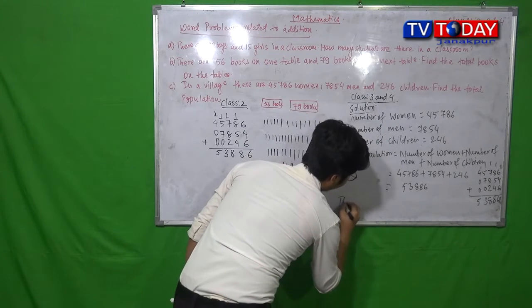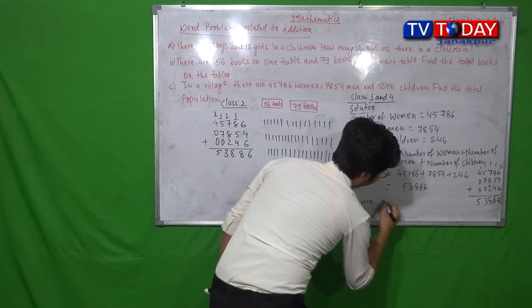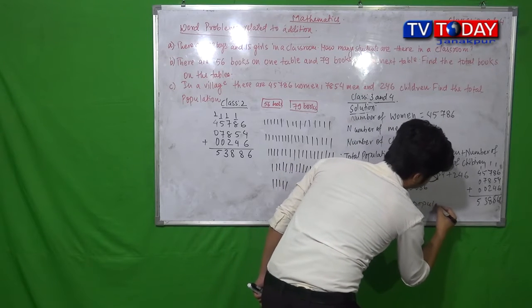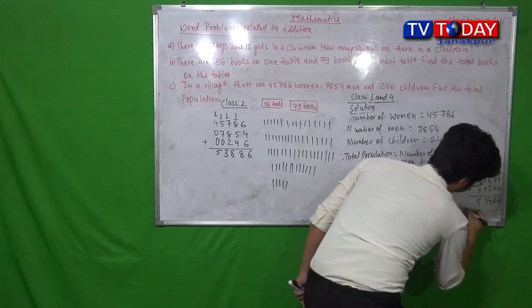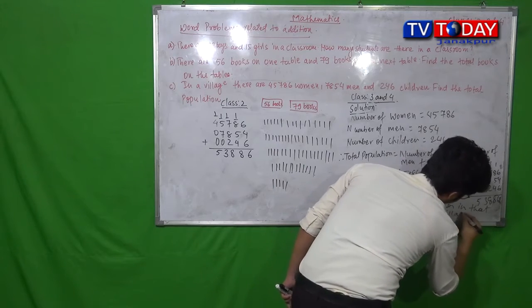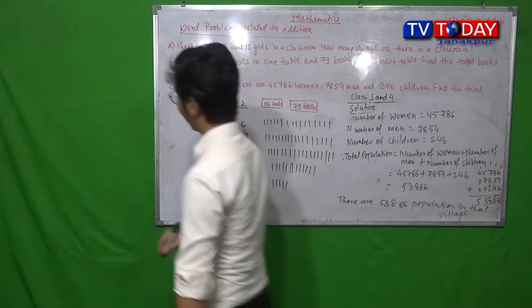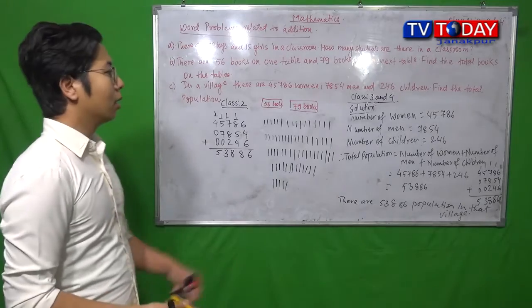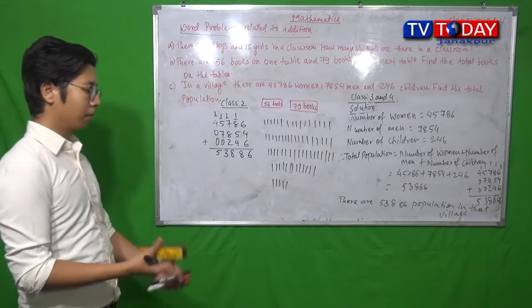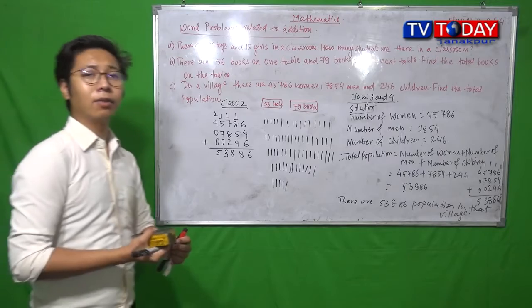Therefore, there are 53,886 population in that village. Is that your answer? Now write from the whiteboard and start writing fast.